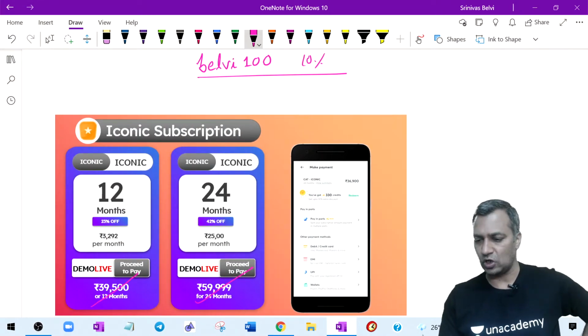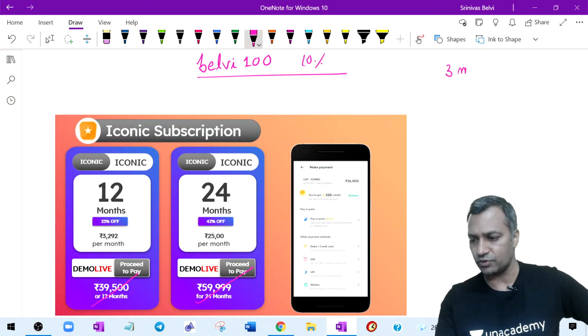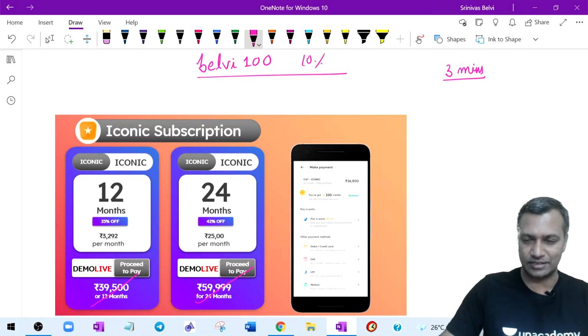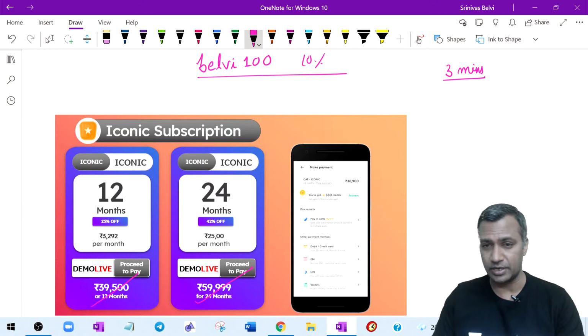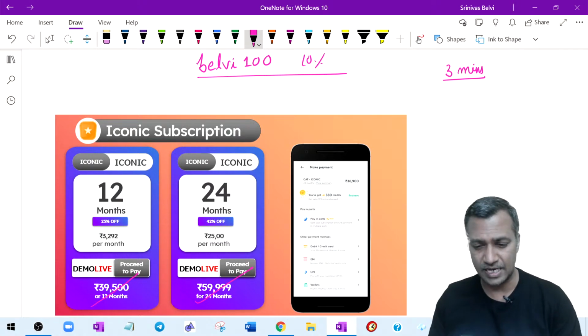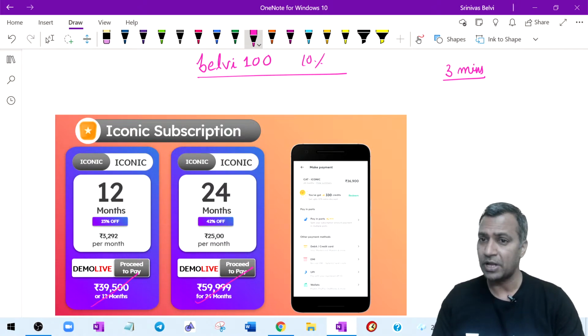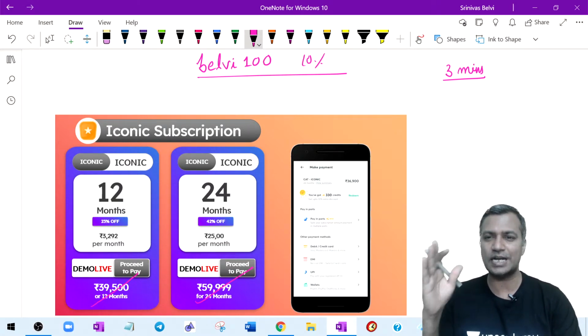As usual, I will give you about 3 minutes of your time. We will do one of the most classic sets that appeared in CAT. The same kind of logic got repeated several times, as far as I remember about 3 or 4 times in CAT, and maybe in various other entrance exams, because this is one of the most classic.